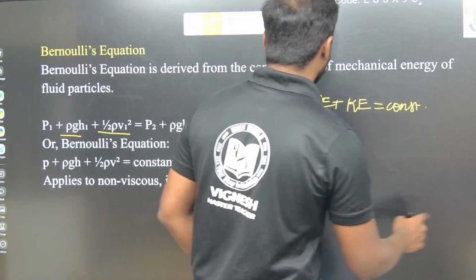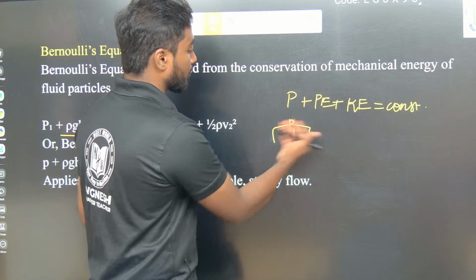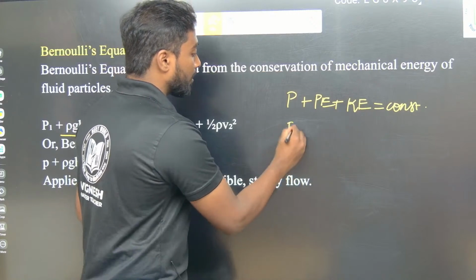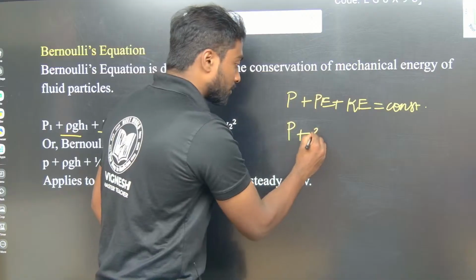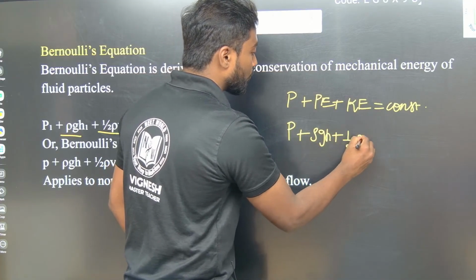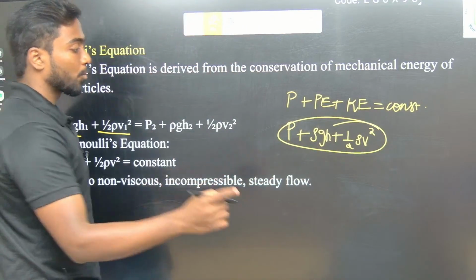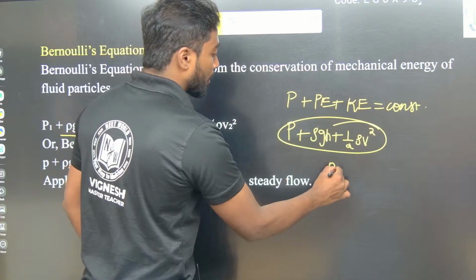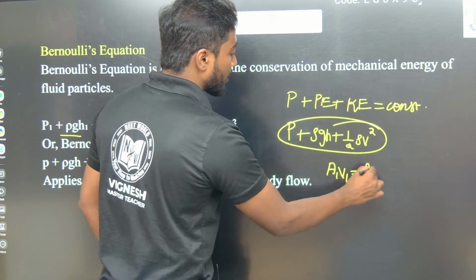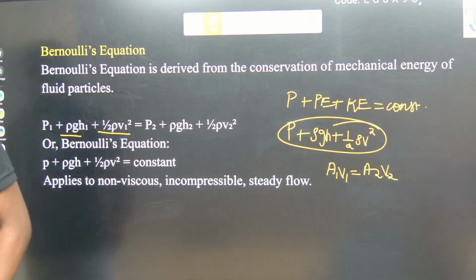So remember the formula, P plus rho g h plus half rho v square. This one formula we have studied. One more formula is A1 V1 is equal to A2 V2. Second formula. Okay, two formulas we have studied now.